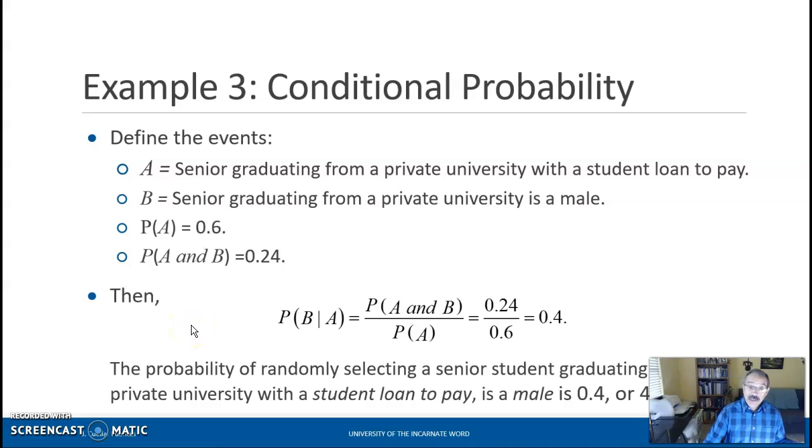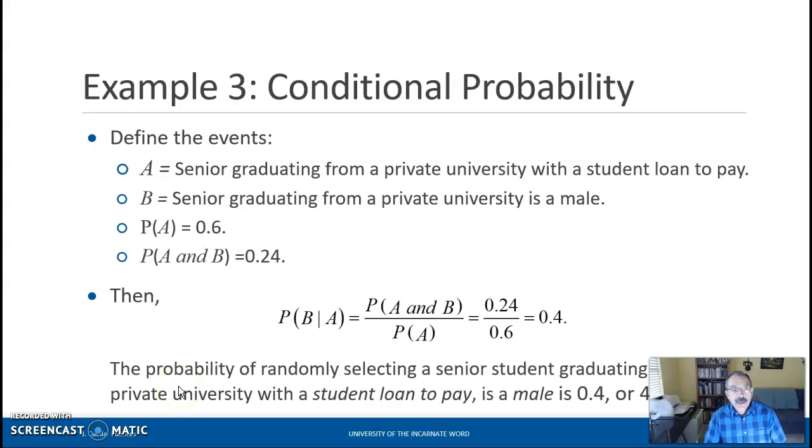Now the question is, what is the probability that the senior is a male, given that he has a loan to pay? So the joint probability is 0.24, and the probability of him having a student loan to pay is 0.6. If you carry out this calculation, you get 0.4.